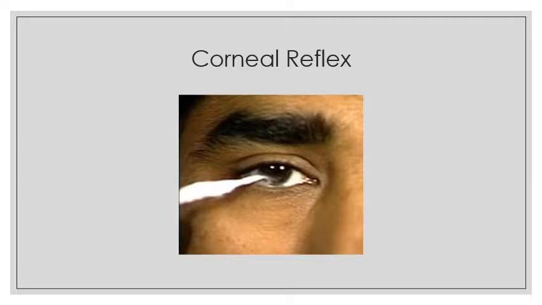Approach the eye from the side, out of the line of vision of the patient. Distract the patient by talking about any subject such as his complaint. Make every effort that the patient does not see the approaching cotton.